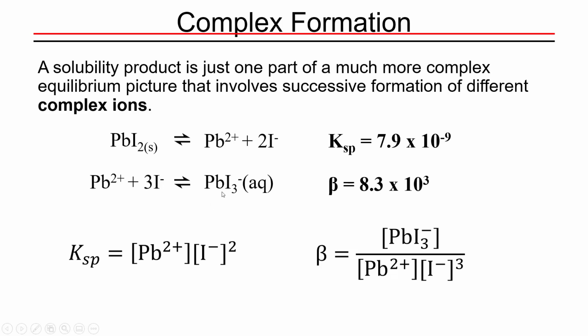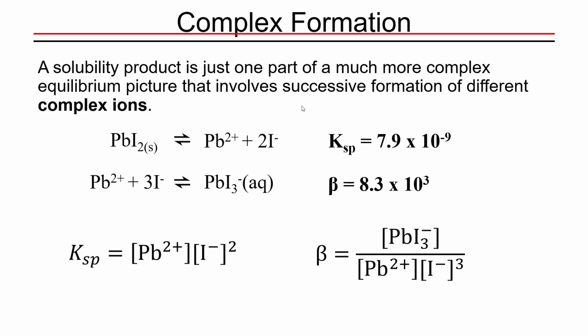So PbI3- is an example of a complex ion and would of course form by a further mole of iodide reacting with the PbI2 solid and forming this complex ion. And this is why the formation of these complex ions explains why under high enough concentrations of the ligand, you can actually achieve better solubility of lead iodide in highly concentrated iodide solutions.